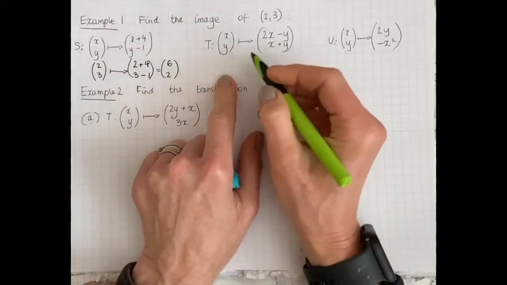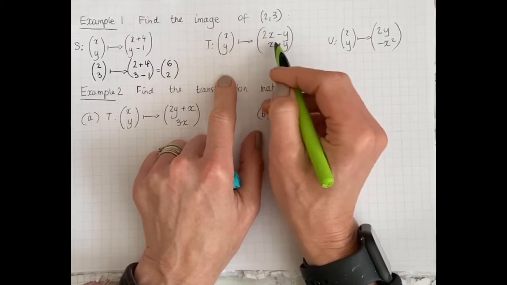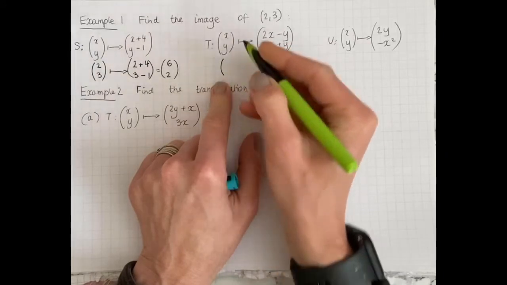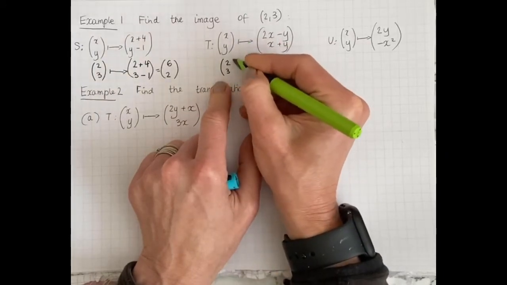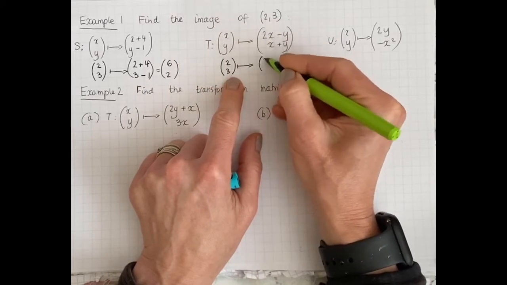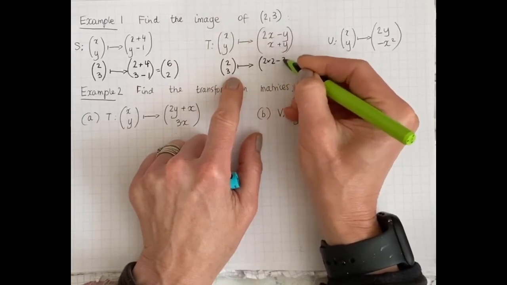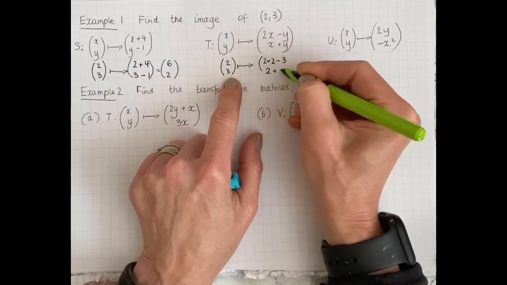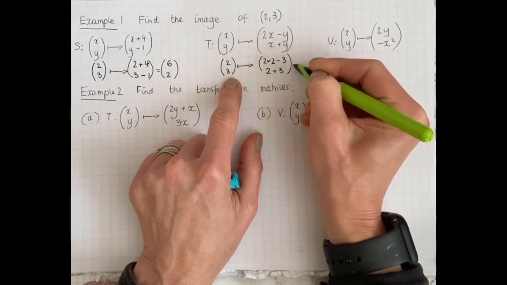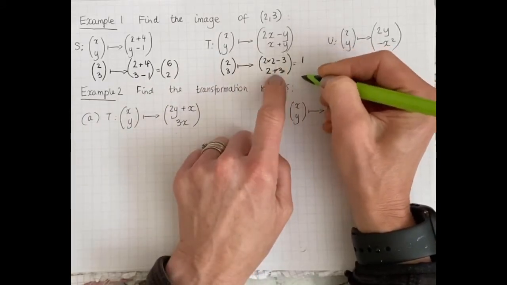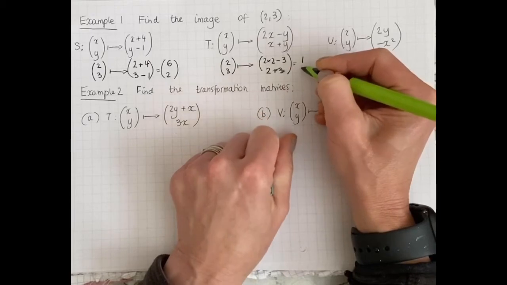Okay, transformation T, you've got a linear combination of x and y, so it might be a linear transformation, but we are interested in finding the image of point 2, 3. So instead of x goes 2, so this is going to be 2 times 2 minus 3. Instead of x goes 2, and then instead of y plus 3. Okay, so that will go to 4 minus 3, so it's going to be 1, and 2 plus 3, which is 5.